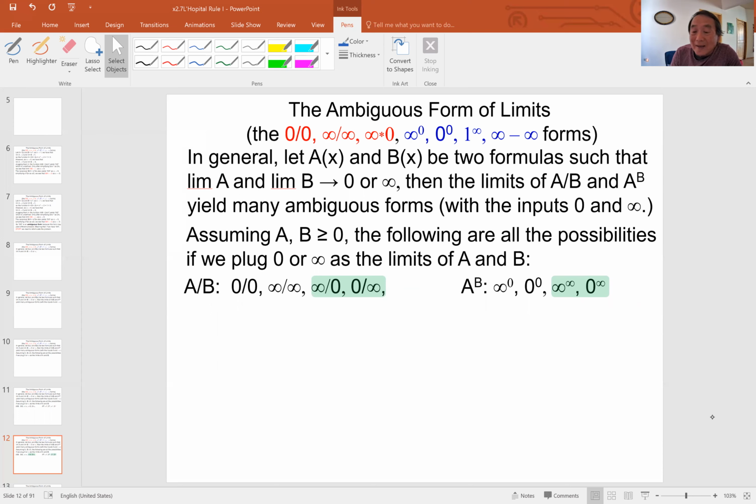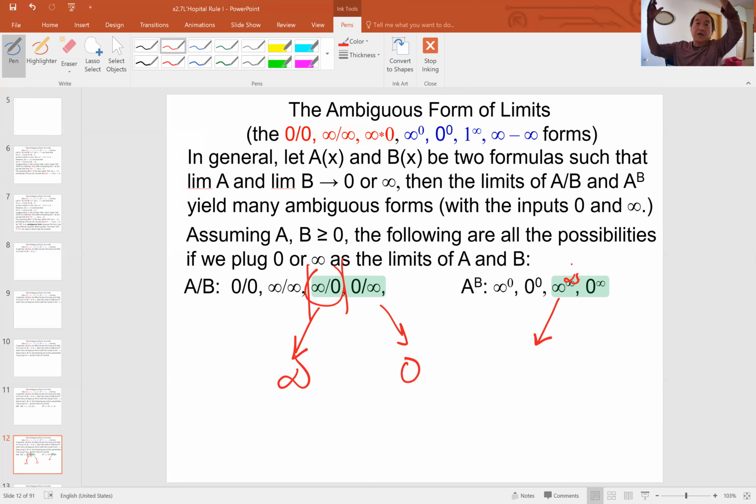The ones shaded in green, we know what the answer immediately is. A big number divided by a small number is big. If I take the absolute value, I know the behavior is going to be large in absolute value. And this goes to 0. If I take a very large power, infinity, the base is very large and gets larger and larger, of course this blows out to infinity.